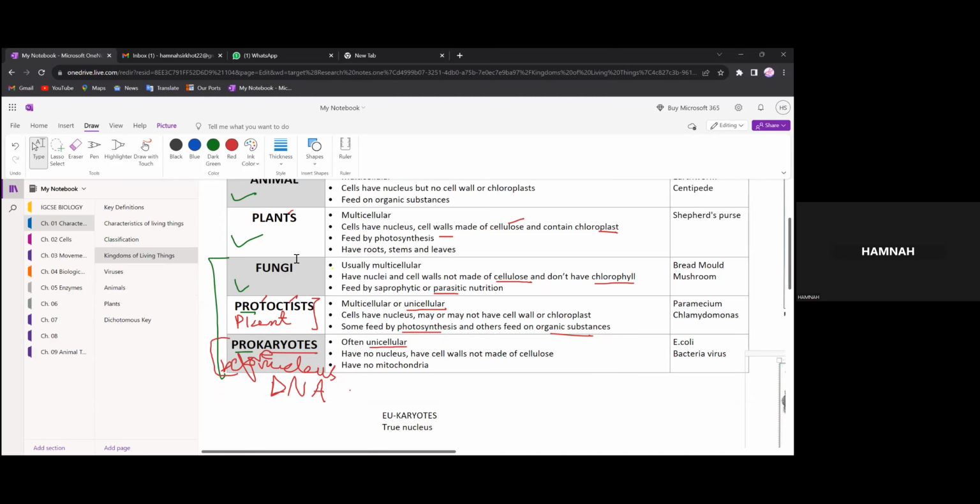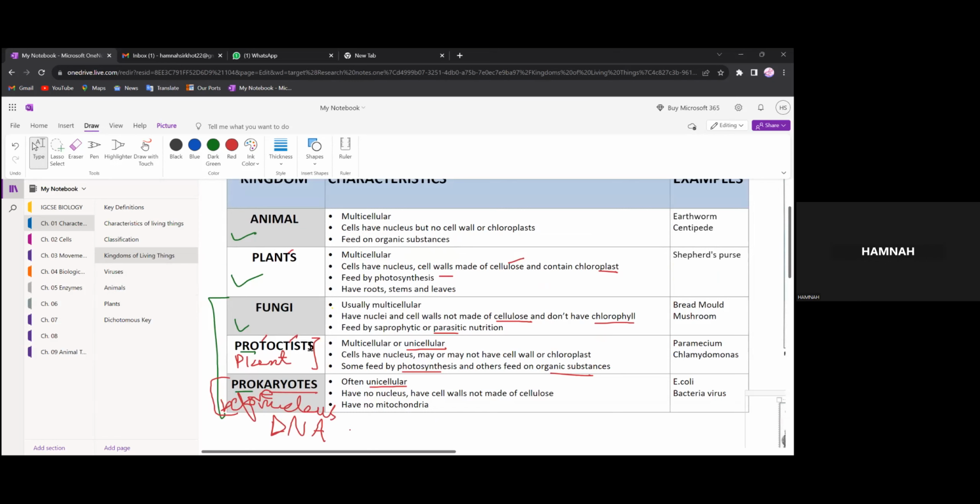If I ask you about protoctists, what do you think now? They are multicellular, but some of them can be unicellular. They have two T's in the name, so it is related to plants.